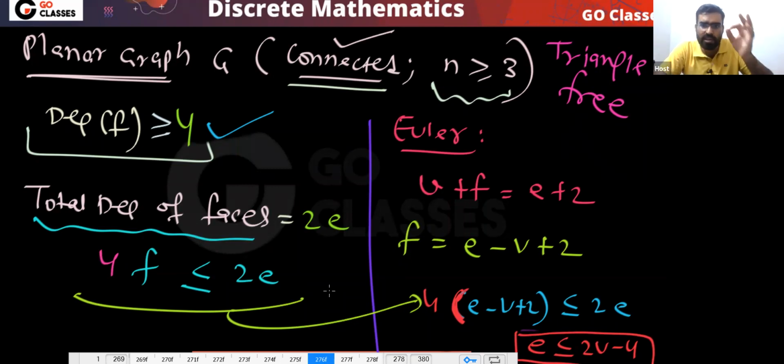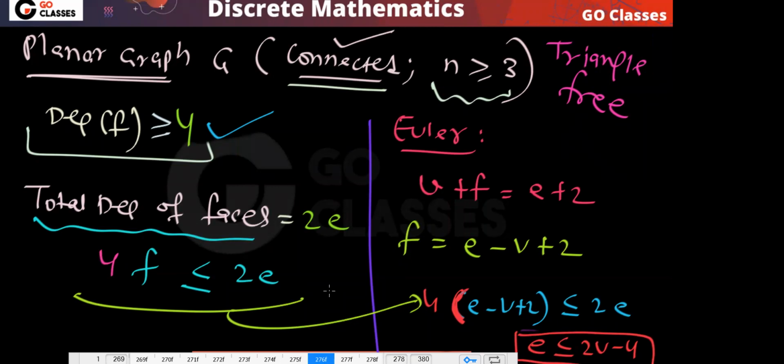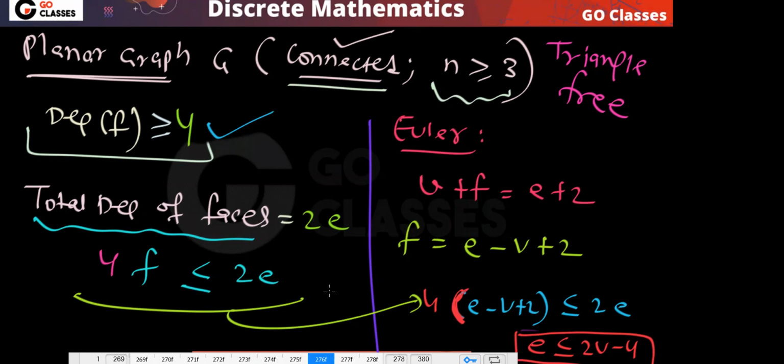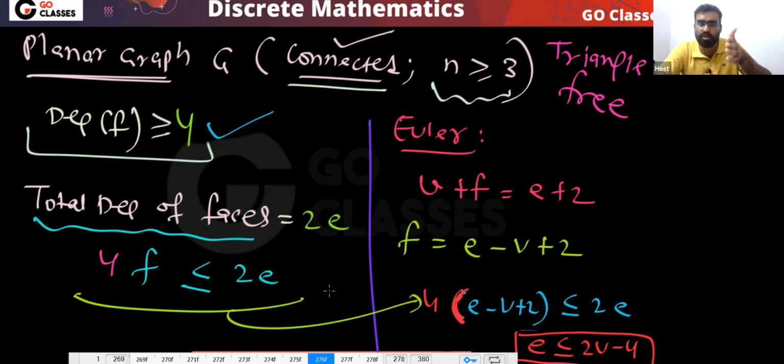The GATE exam will only ask those questions which you can solve very easily if you understand a few things. Like you can notice the GATE 2020 question on edge coloring. For that question, a very simple fact you can apply. There was only one vertex of maximum degree, and you know that if there are fewer than 3 vertices of maximum degree, then it is class 1.